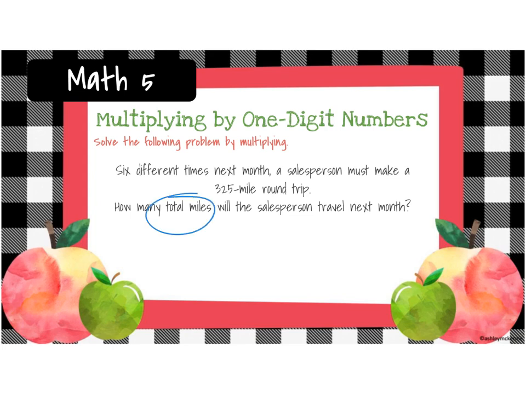So I'm looking for total miles. And we know that 6 different times that person will make a 325-mile round trip. So what am I multiplying together? 325 and 6. So we take our 6 times 5, which is 30.